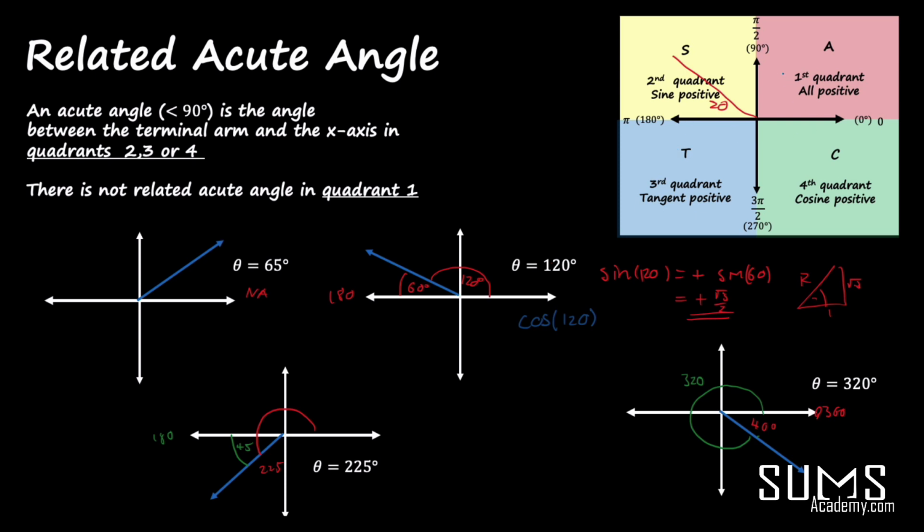But what I can see for the cos diagram, let's sketch it here, is that it crosses zero at 90, so for 120 it's going to be some negative value. So this is going to be equal to negative cos 60. Cos of 60 is 1 over 2, so this is negative 1 over 2. We'll go on and do some more examples and I'll show you the formula, but that's the general idea.